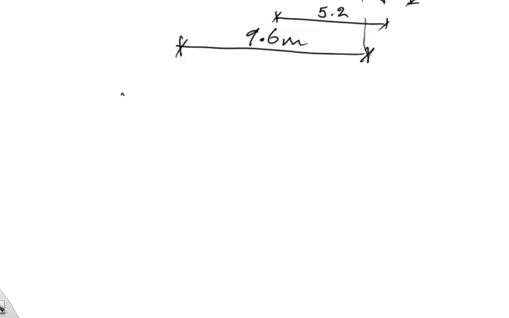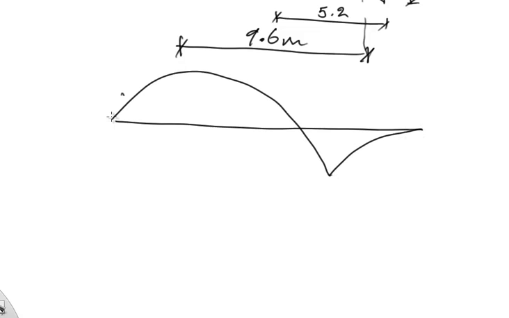Our case, or the example we had, a moment diagram that looks like this, right? So should I put the reinforcement on top or should I put them in the bottom? Well, for non-engineers they would say, okay, just go ahead, put some on top and put some on bottom, that's it.